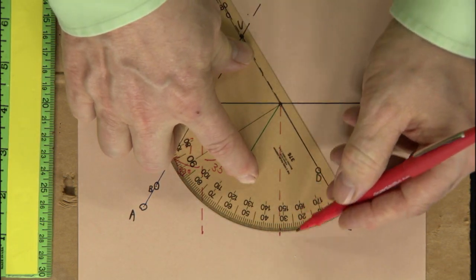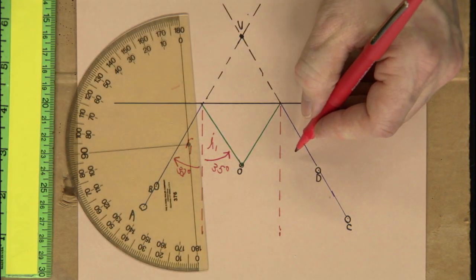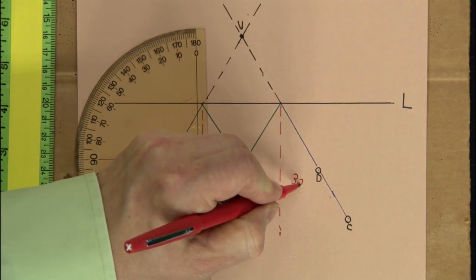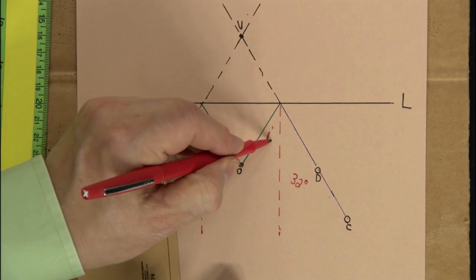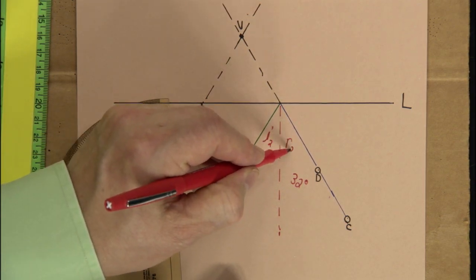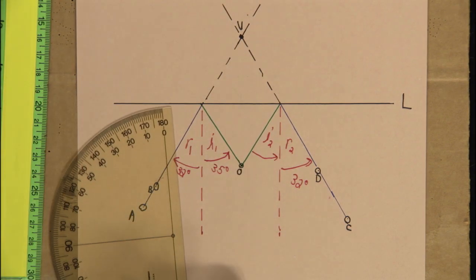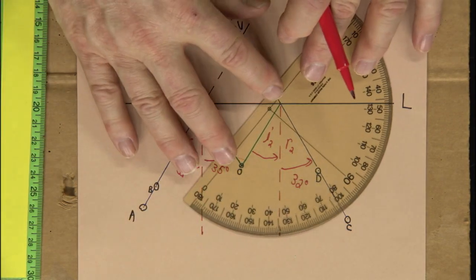So I'm coming up with, on the reflected, oh, I didn't even label, but that was 32 degrees. And this is my incident 2 and my reflected 2. Okay, and the reflected was 32 degrees.